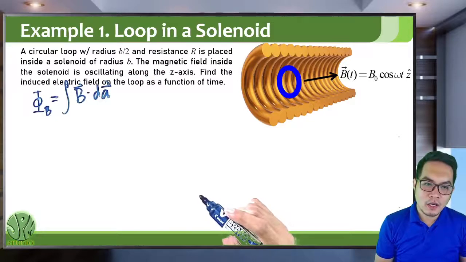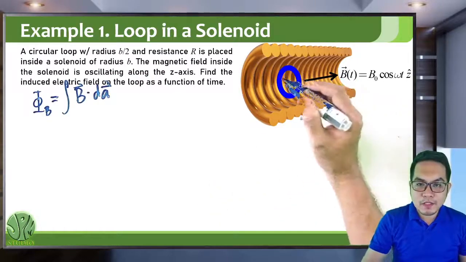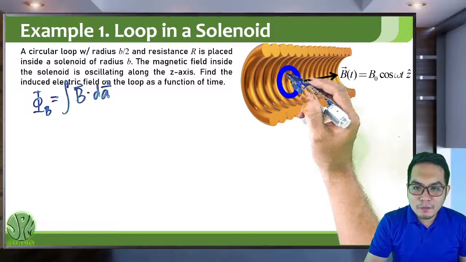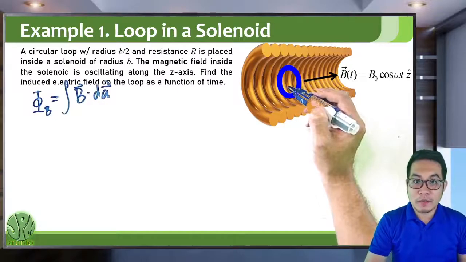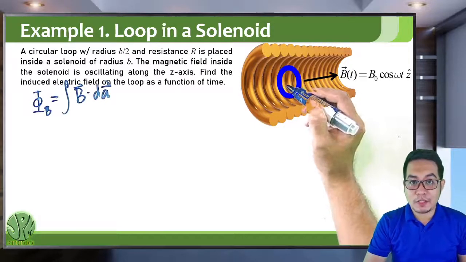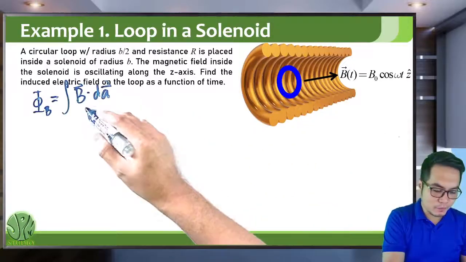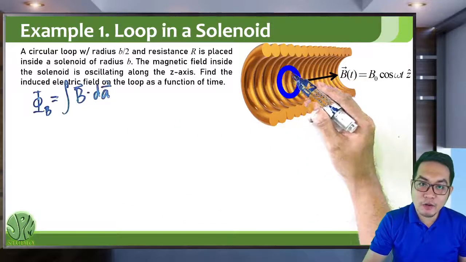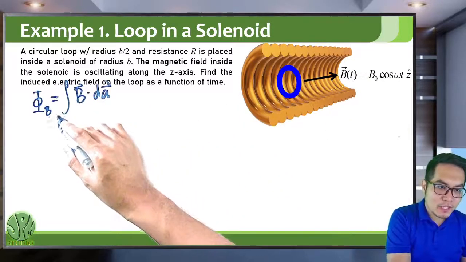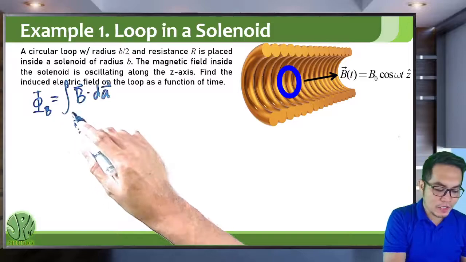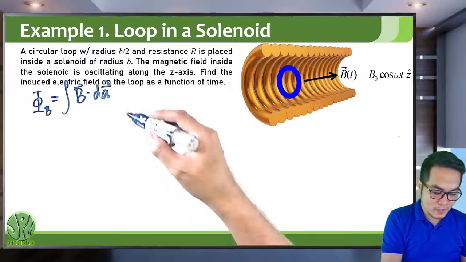Now, since the magnetic field is only time dependent, at every point in the area of the loop, the magnetic field value at a certain time will be the same. It will be uniform at all points in the area of the loop. Take note, it's only in the area of the loop. So we can take it out of the integral. You will just have B times the integral of dA, and the integral of dA is just the total area of the loop.